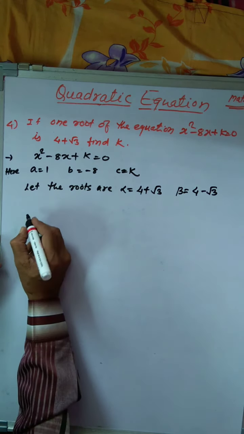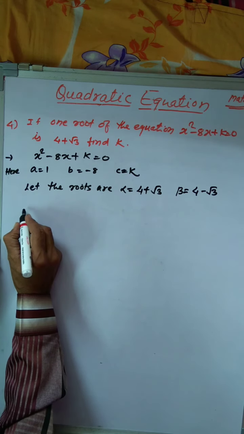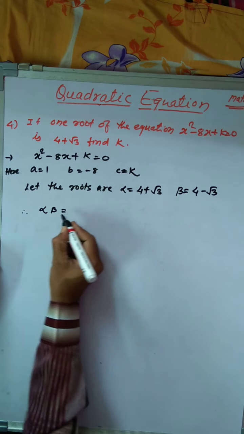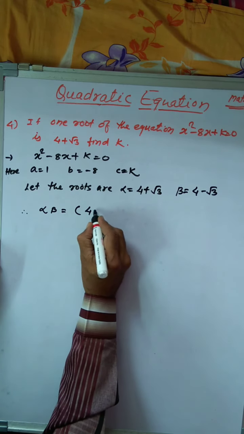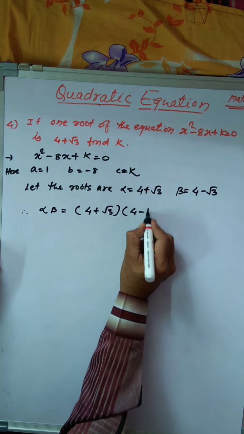Now alpha into beta is equal to 4 plus root 3 and 4 minus root 3.